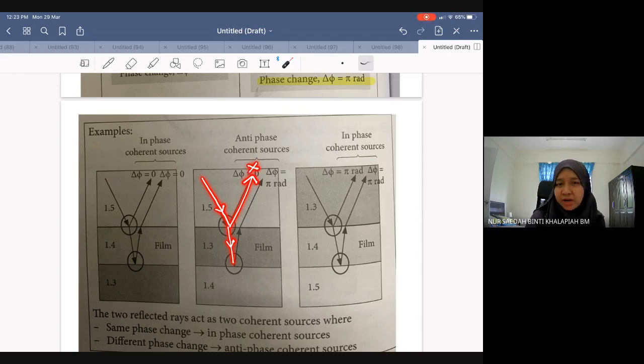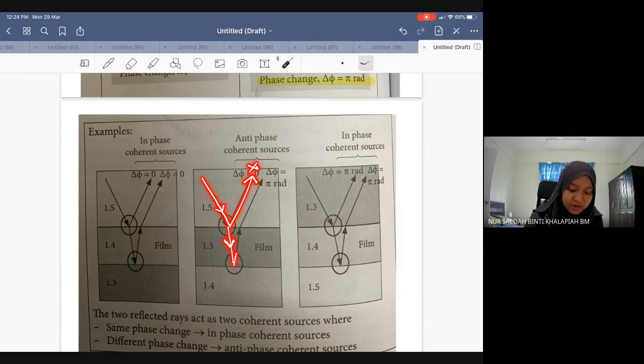Okay, kita boleh buat pangkah dekat situ menunjukkan no phase change ataupun boleh buat equal 0 dekat situ as a label that this reflection ray 1 has no phase change. Okay, from the second medium, the refraction ray of the second medium now touches the boundary of the second medium to the third medium, that is at the back of the thin film.